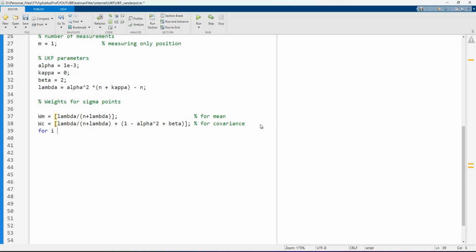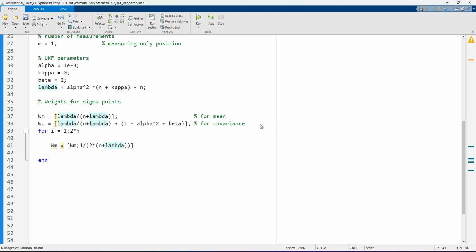After that, we need to build the indices 1 up to 2 times n, because we need to build the upper and the lower boundary conditions in here. And so Wm is equal to Wm, and then we can create the row values just like this one, 1 divided by 2 times n plus lambda.